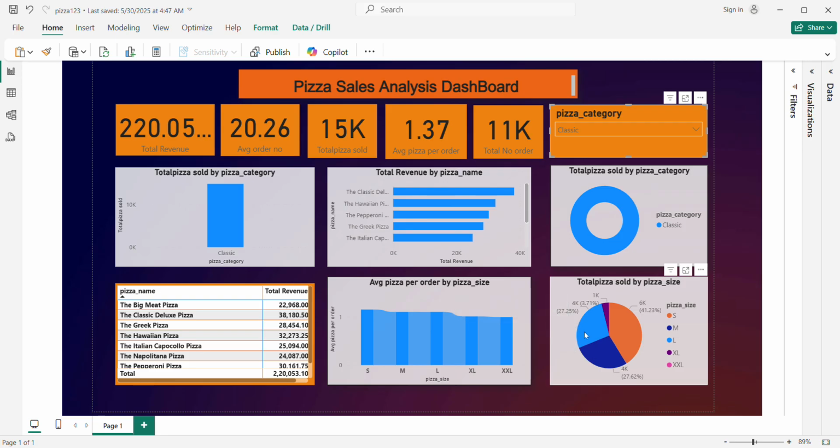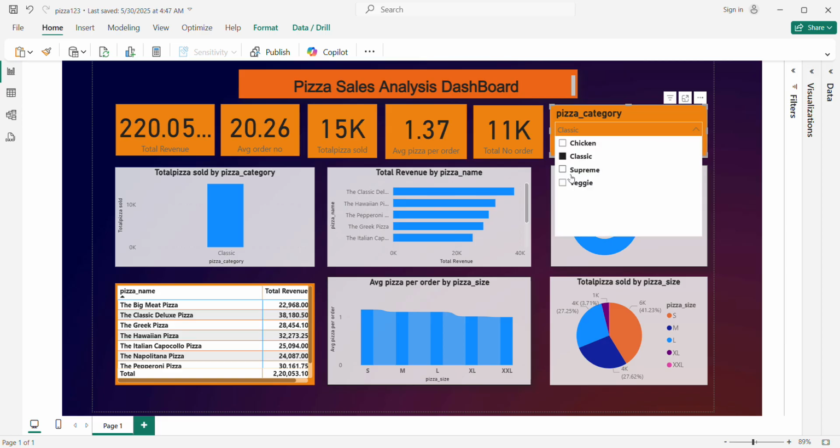Both are the same, an equal distribution of sales. And for average pizza per order by pizza size, it decreases with size: small is greater, medium is equal, large is also equal, but extra large decreases, and very large decreases again, and the classic category is equal. It is about 10K.